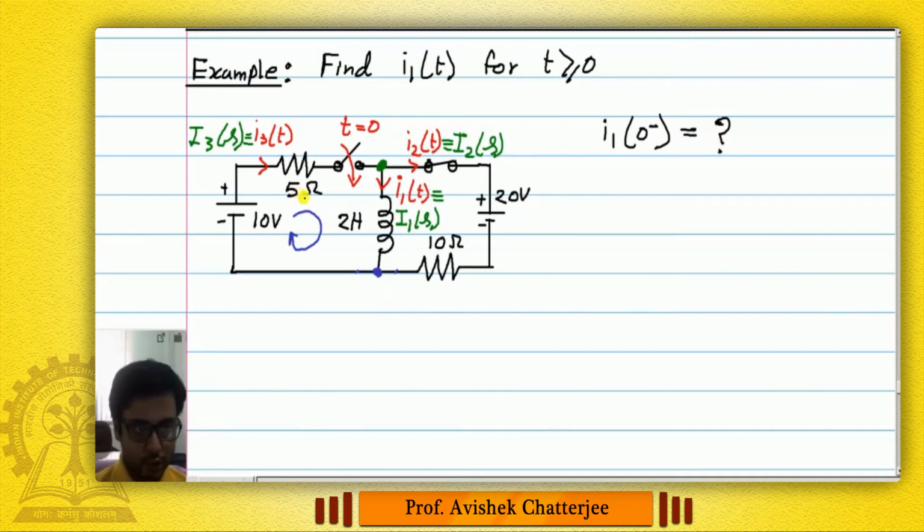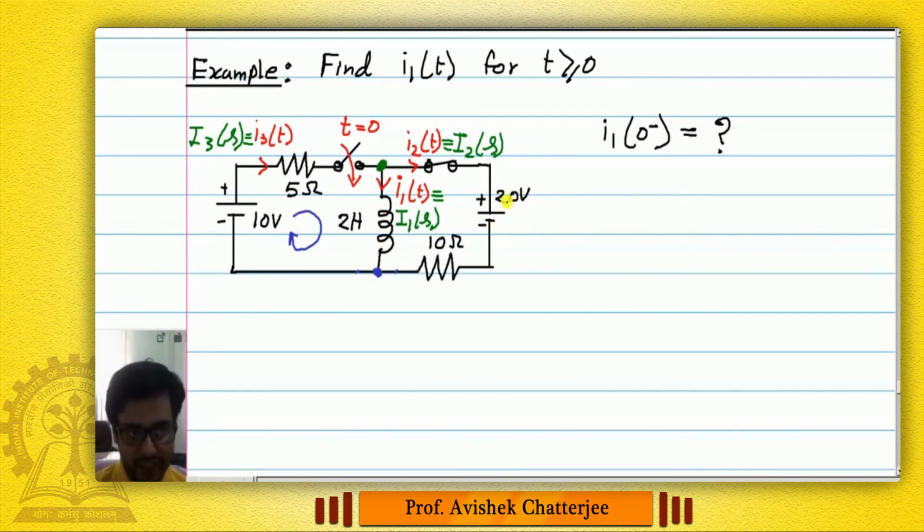That is easy to find, and we will assume that this circuit was already in a steady state before the switch was closed. So when the switch was open, this part of the circuit was not there virtually, and this battery was driving a current through this inductor.